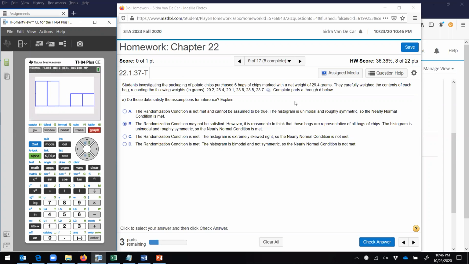Yeah, so this is not very normal looking data, to be honest with you. So I'm kind of tempted to say not symmetric. It's kind of binomial.